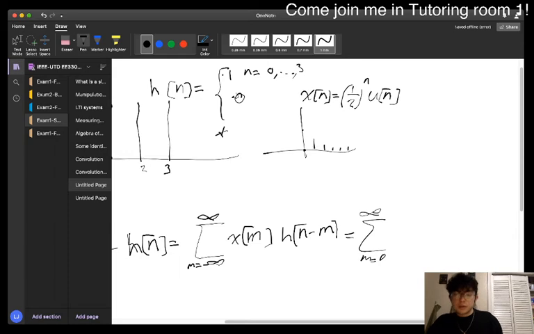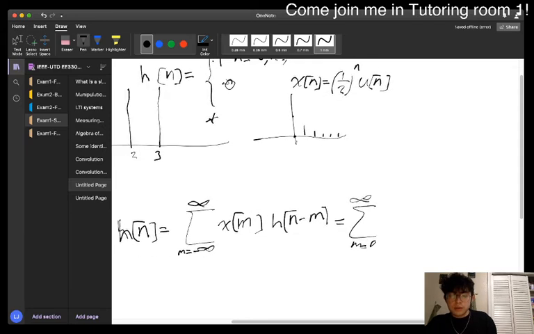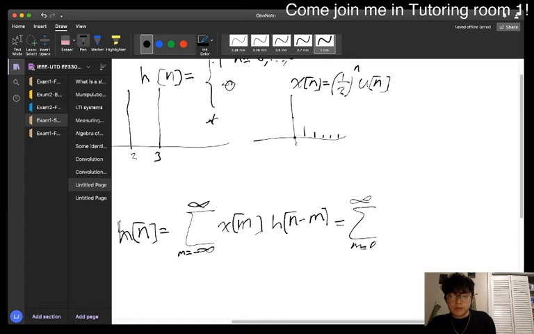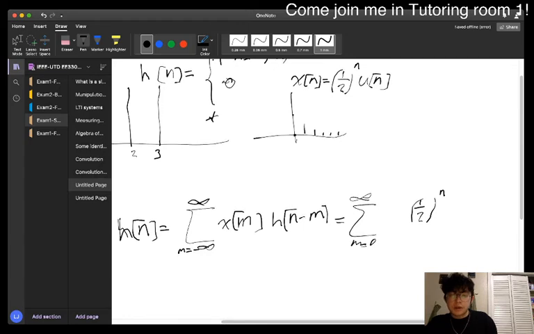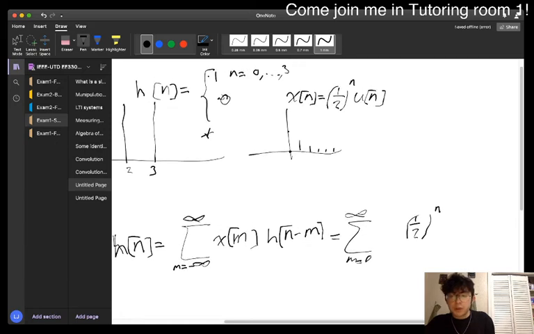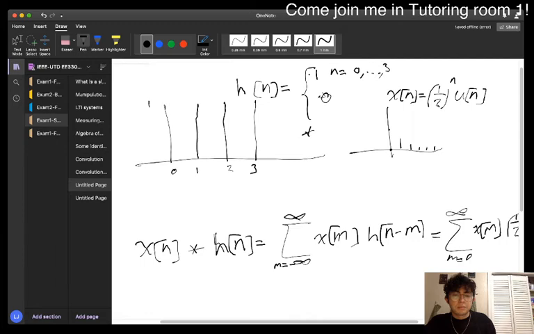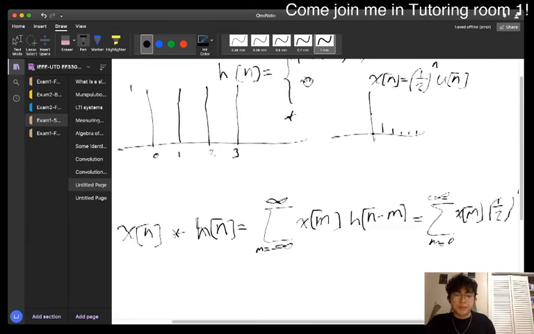So I'm going to leave this exponential in place basically. So we get this sum of 1/2 to the n. And since we already cut off the left part of the sum, then basically we can drop the u of n. So it just becomes 1/2 to the n. And then we still need to write down x of n.